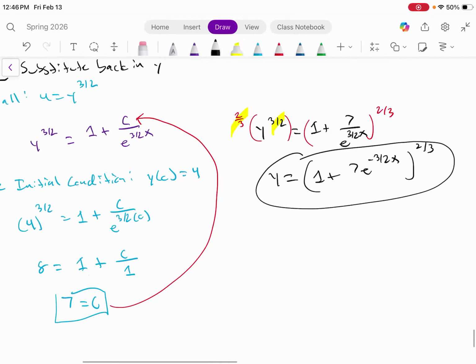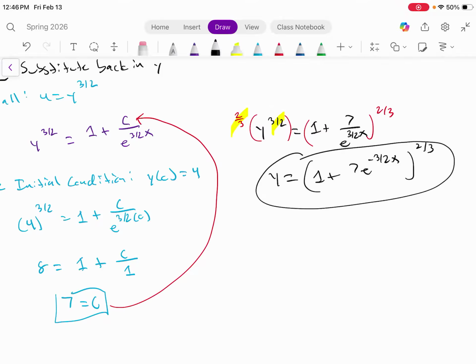And that's the answer. We solved for our constants. There's no domain or interval issues because we have the exponent in the denominator, and the exponent can never be 0. So this is our answer with the initial value problem.